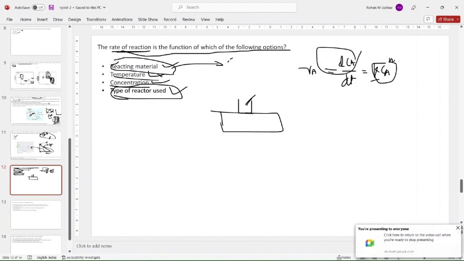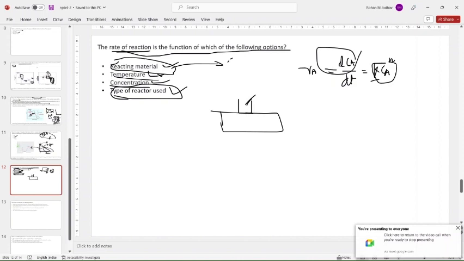The type of reactor used here wouldn't affect the reaction as much as these would. What type of reactor does is it changes the residence time. Residence time means the amount of time the reactants spend inside experiencing these conditions.